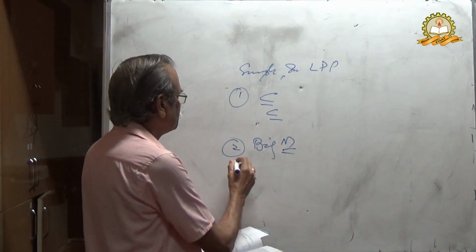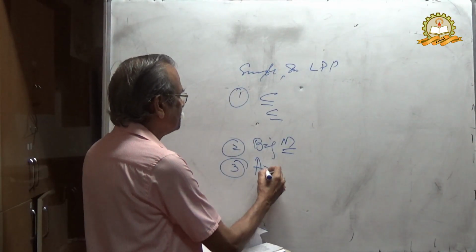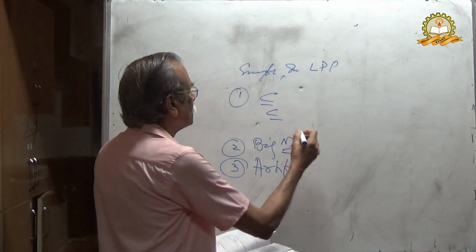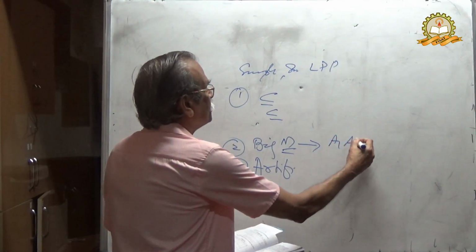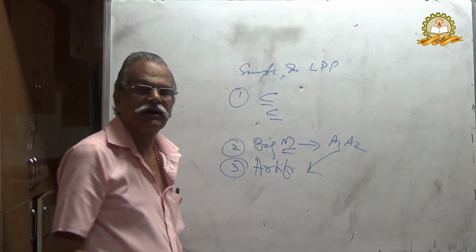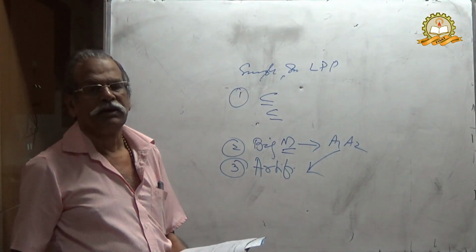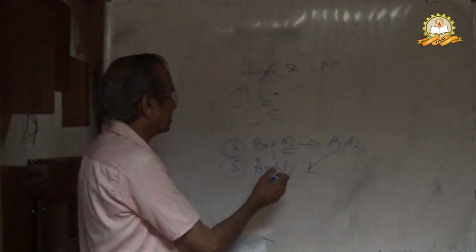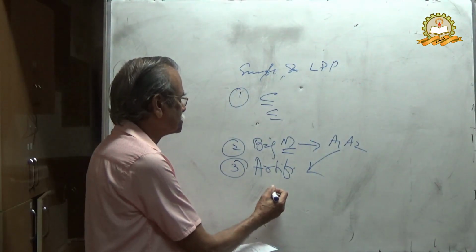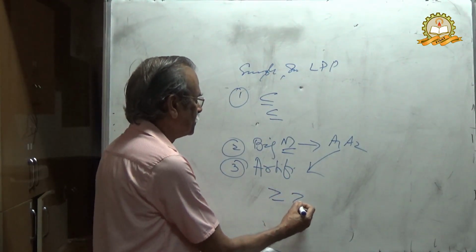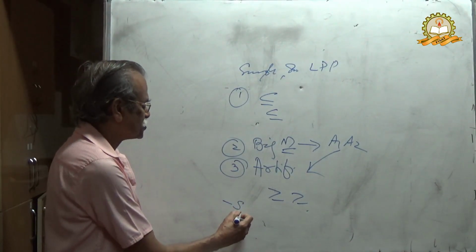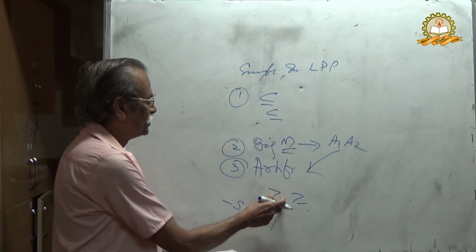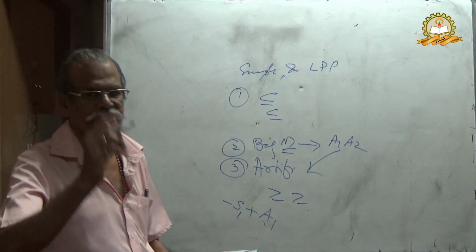Along with the big M method, we studied artificial variables. In the big M method, you added A1, A2, A3, which were artificial variables. Normally you could see greater than or equal to constraints, therefore you subtracted S1 and added A1 on the constraints.